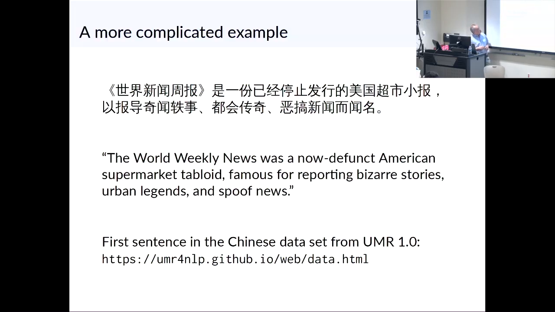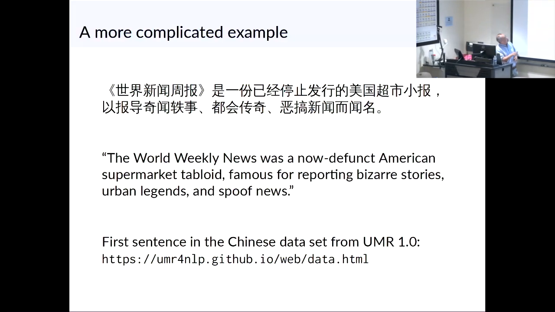So here, first you have World Weekly News. So this is this part of it. You can see that when you have these double angle brackets, what's inside is usually the title of something. So this is the news.